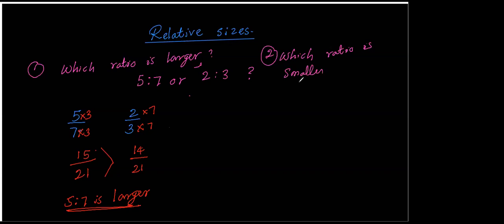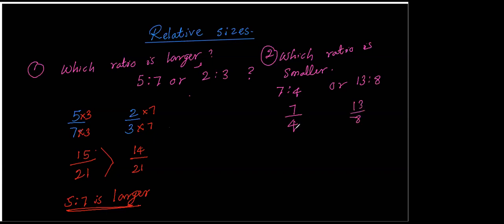Which ratio is smaller, 7 to 4 or 13 to 8? Then you can write here, the smallest one you have to find from this. So we can write 7 over 4, 13 over 8.